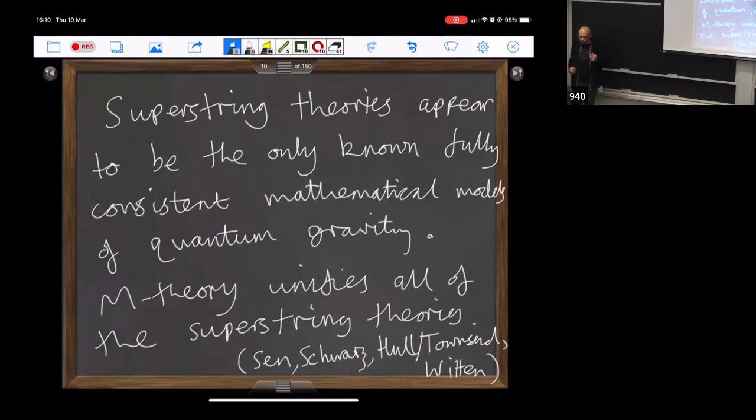So we normally study superstring theories that are defined perturbatively in this coupling. And in the strong coupling limit, we get this 11-dimensional theory called M theory, which in some sense unifies all of the known superstring theories. And this picture goes back to work in the 90s by Sen, Schwarz, my advisor Chris Hull, that Massimo mentioned, Paul Townsend, and Edward Witten.